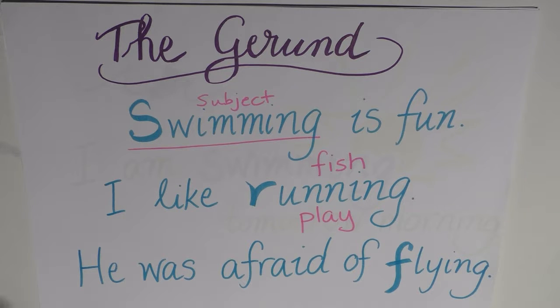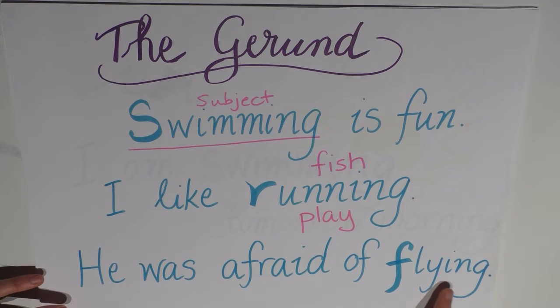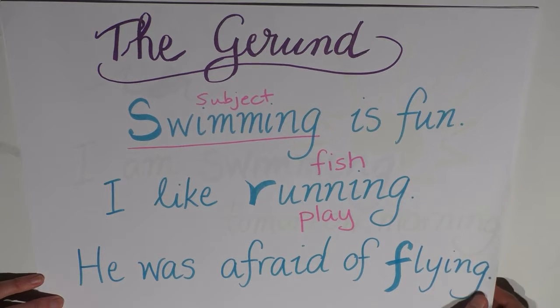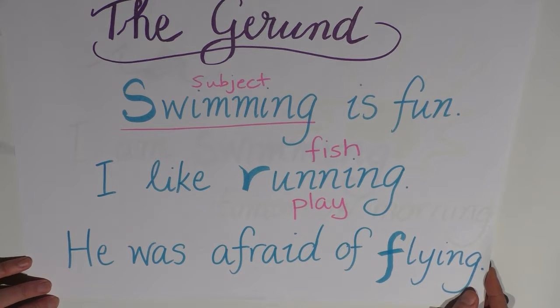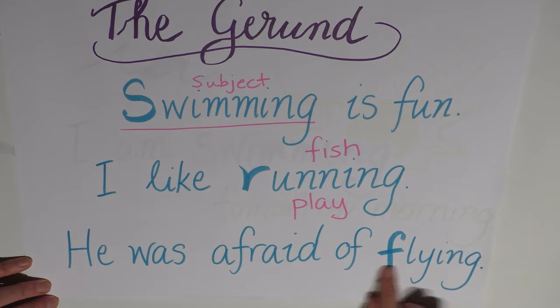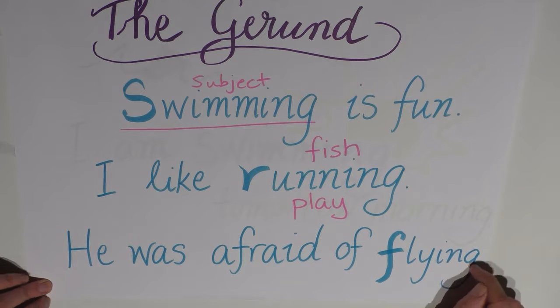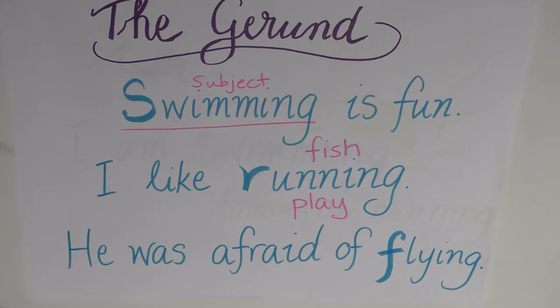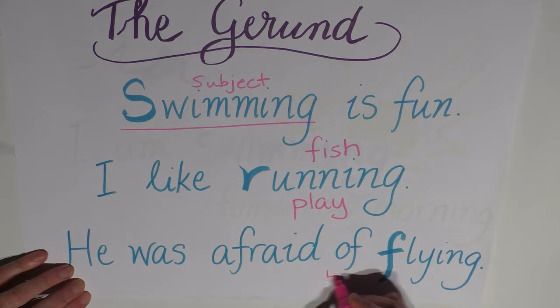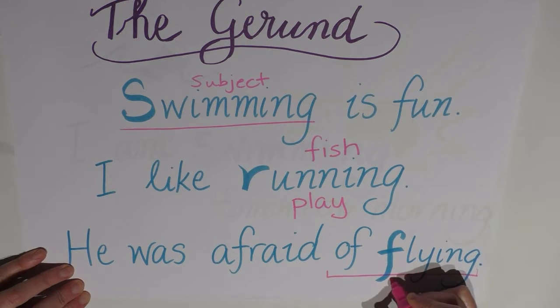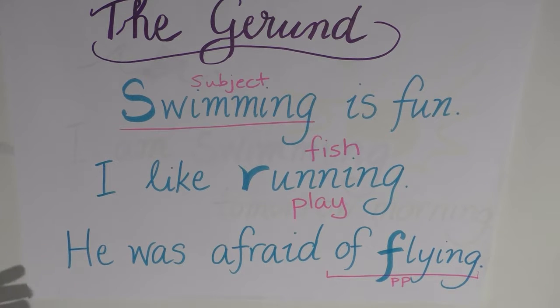Okay, if we look at the final sentence here, he was afraid of flying. Well, I'm going to use syntactic clues to be able to find out what this particular word class flying is. And the way I'm going to do that is by noticing that it's part of a prepositional phrase. And I bet you can remember what it is that we said about prepositional phrases and what they are made up of.